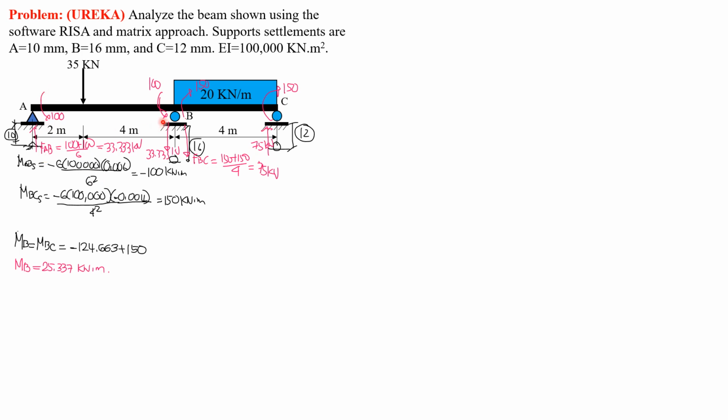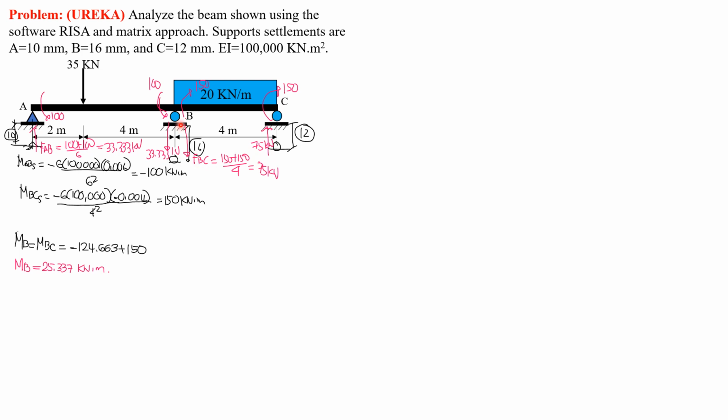Summation of moments about B equals 0, FAB times 6 is equal to 100 plus 100 or 200. Therefore FAB is 100 plus 100 over 6, and that is 33.33 kilonewtons upward. Likewise on BC, because this is due to the couples only, it should be 33.333 kilonewtons downward by summation of vertical forces. The effect of the 35 kilonewton load will be taken care of by the software RISA.